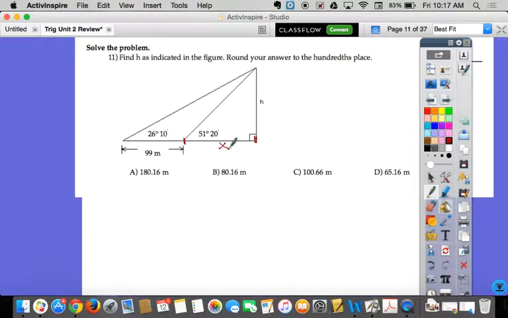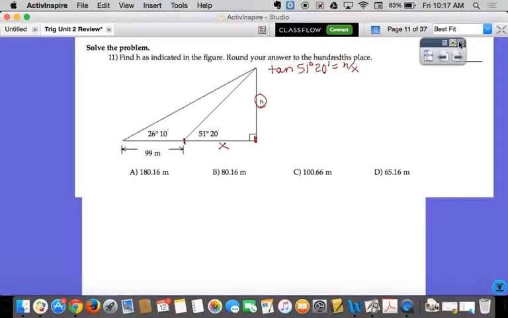This space is x. Now, our goal in the end is what is h. And it's just going to take a little while to get there. So, let's just use the small triangle. We know that tangent of 51 degrees, 20 minutes is h over x. Okay? That part we know.